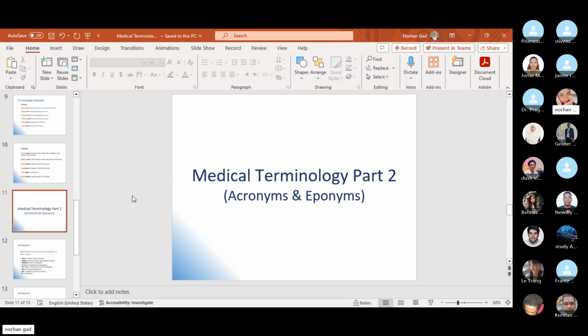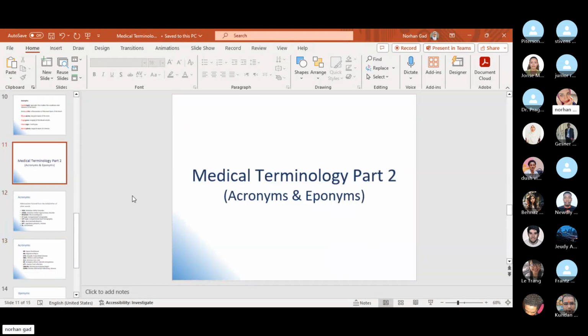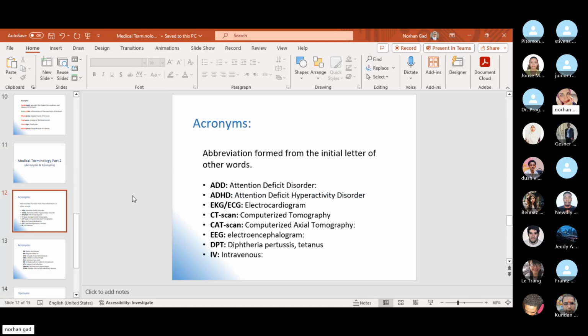And let's very quickly just review the second part of the medical terms, acronyms and eponyms. So those were the medical terms and how to analyze a medical term. Now we're going to talk about the acronyms. What are acronyms? Acronyms are abbreviations, kind of initials formed from the initial letter of other words, like ADD, attention deficit disorder, ADHD, excuse me, attention deficit hyperactivity disorder, and so on and so forth.